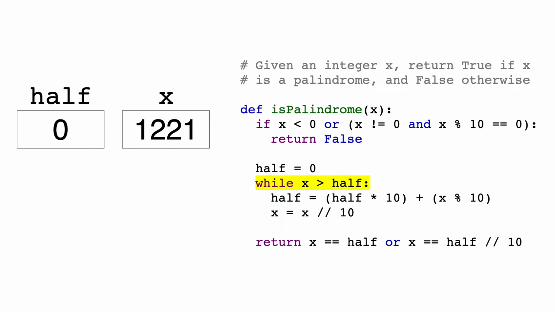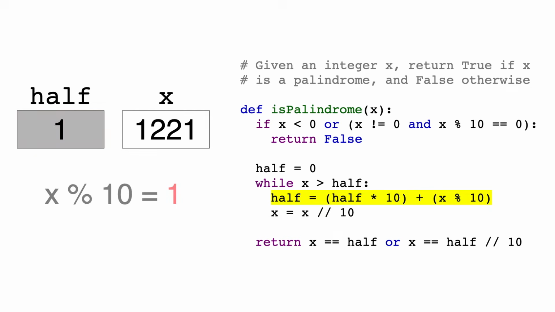So now we'll update the half variable, and I'll do this in 2 steps to make it clear what's happening. So first, we'll multiply half by 10, which doesn't do anything right now since half equals 0. Then, we'll take x mod 10 and add the result to half. Well, 1221 mod 10 equals 1, so now half equals 1.